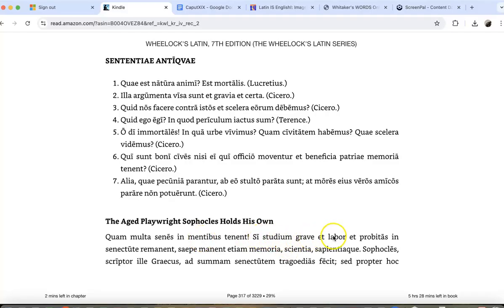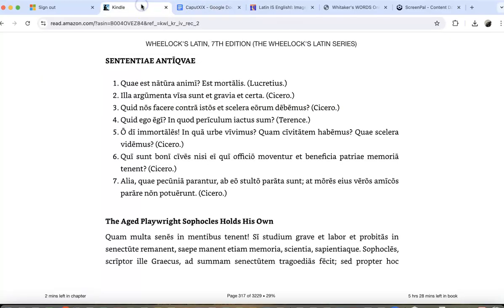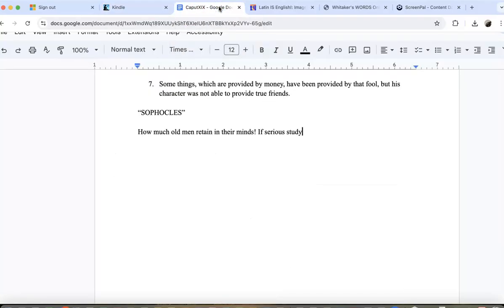Si studium grave laboret probitas in senectute remanent. So si means if. So grave studium means serious study. So we have kind of a longer clause here, but if serious study and work and honesty remain in old age, let me write that first. Serious study, work, and honesty.